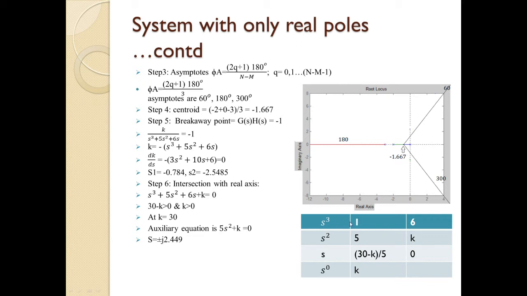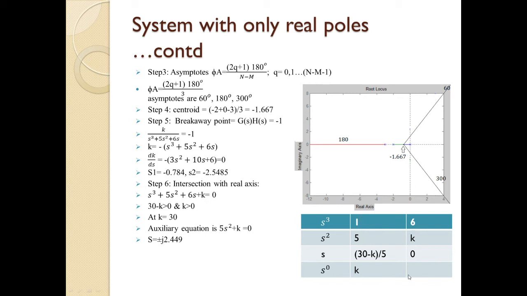Next, we need to find the Routh array. The s to the power 3 row is 1 and 6, the alternate coefficients, and the second row is also the alternate coefficients, that is 5 and k. From these two rows, the third row is calculated: 5 into 6, that is 30, minus k, divided by 5.